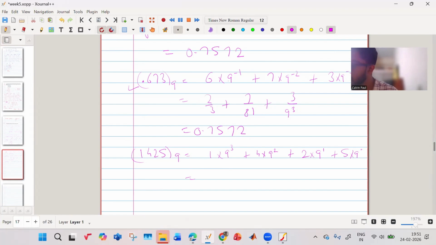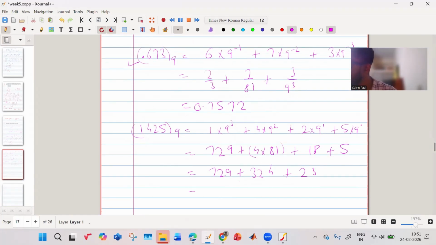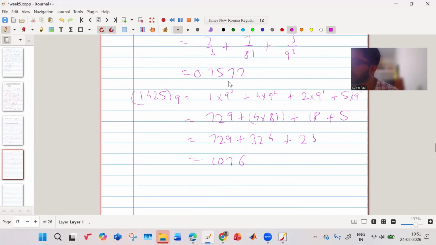So this is 729, plus 4 into 81 which is 324, plus 18, plus 5. So that becomes 1076. So we got the correct answer.